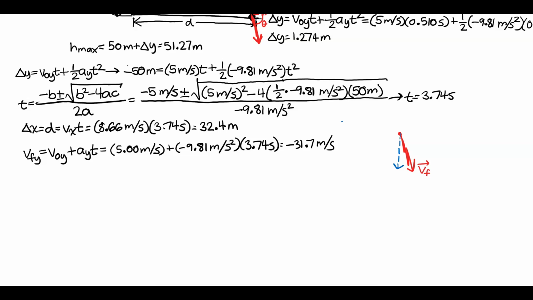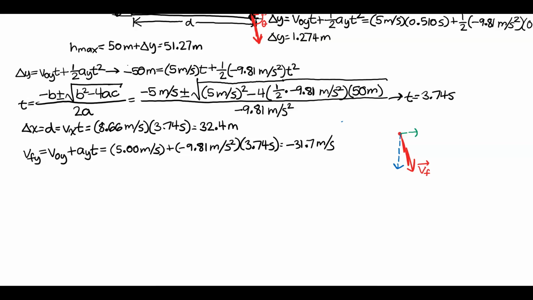We already have the x component on hand because the x component's constant. So if you remember from our study on vectors, the magnitude is just the square root of a squared plus b squared, the square root of the x component squared plus the y component squared. You can sort of think of it as the Pythagorean theorem for vector components.